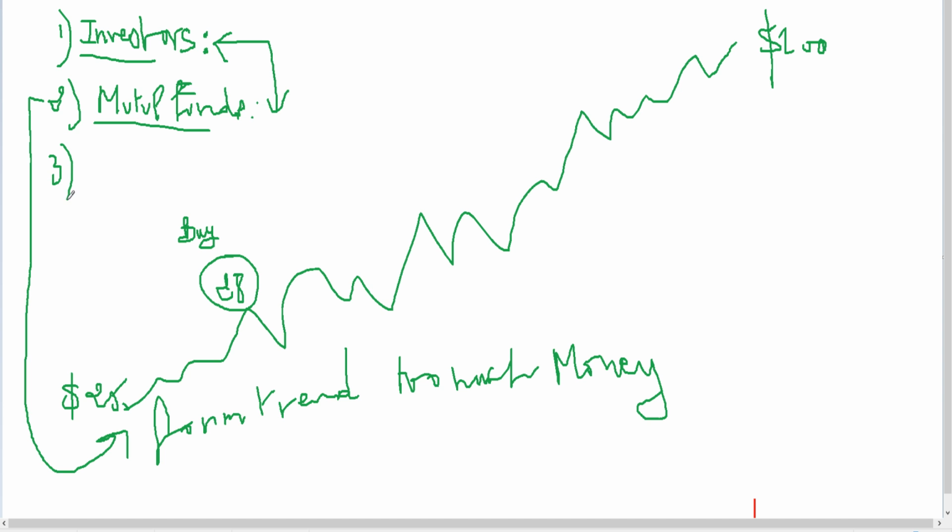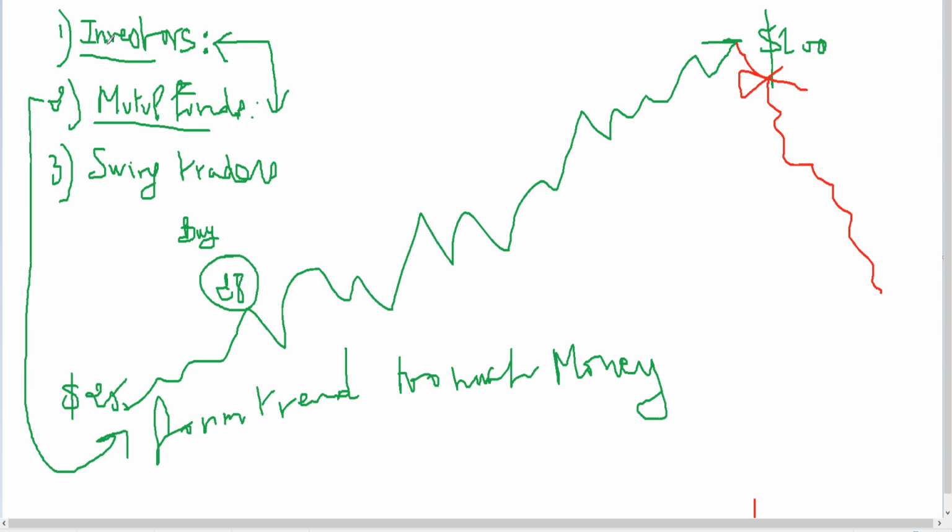Third, which is very important, is swing traders. Swing traders like us, for example. We try to follow the trend whenever we discover it, until it ends. When the trend is going down again, we exit, we don't stay.